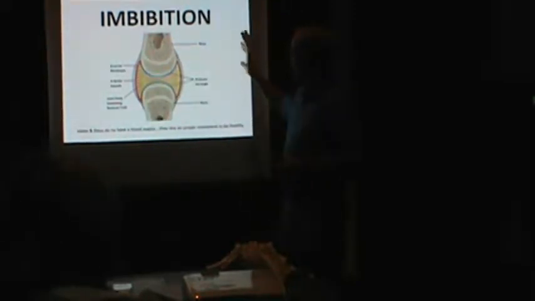The only way cartilage can get the nutrients it needs is through what's called imbibition. Around each joint is a capsule called a synovial capsule, and inside is synovial fluid.